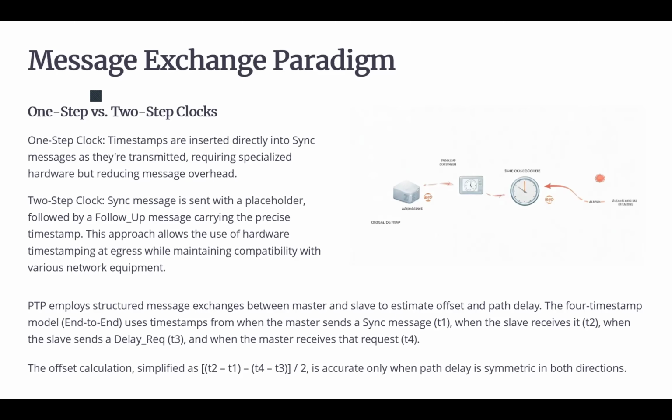It's like sending a text saying, I just mailed you the letter, and then later sending another follow-up text that says, actually, I mailed it at this exact time. This allows the timestamp to be captured more accurately at the hardware level, and tries to avoid the delays caused by the operating system.